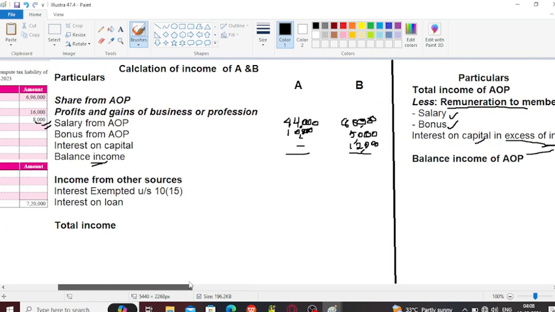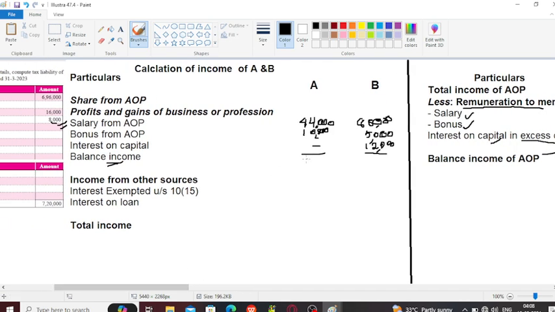So the balance income is 2,11,700 for Mr. A and also 2,11,700 for Mrs. B. If you add these incomes, you will get the BGBP income.